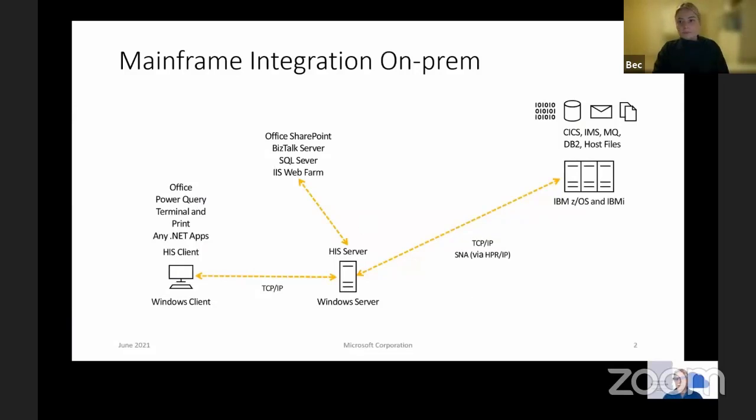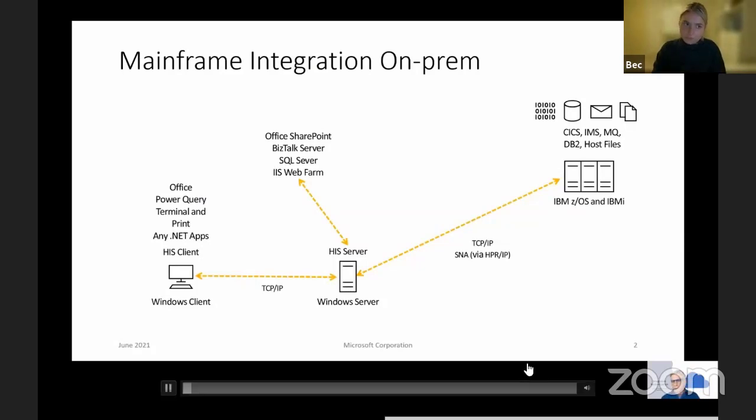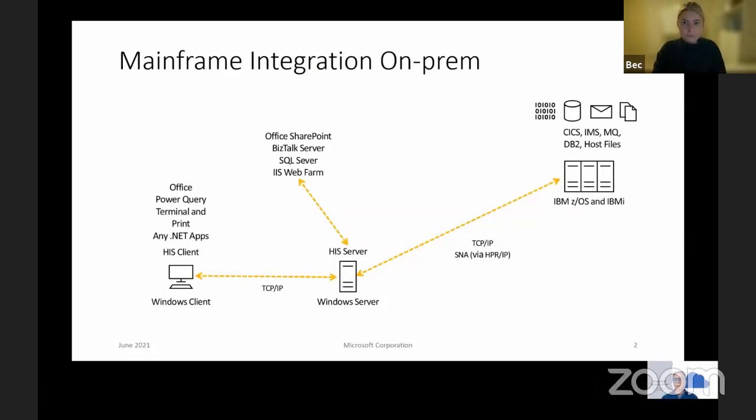with Host Integration Server. It covers all the major z/OS products. It provides a full SNA stack and SNA gateway. We have data providers for DB2 and VSAM that can be used in custom .NET applications or in BizTalk Office SQL Server. Our transaction integrator feature allows custom .NET applications to invoke CICS applications.